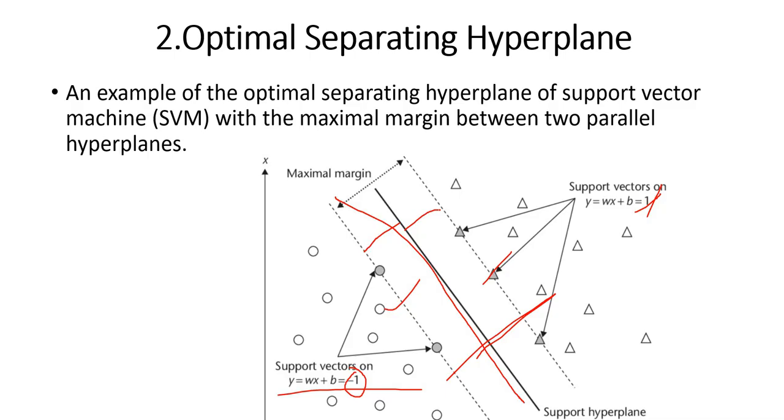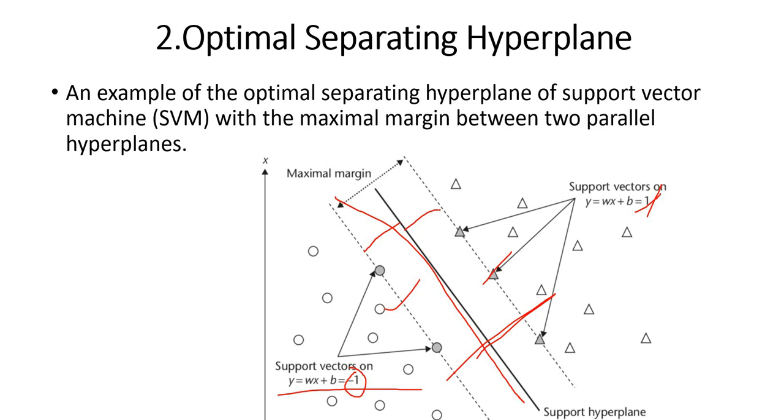Why is this useful? Suppose a new customer enters the system. If the customer's data point falls clearly on one side of the optimal hyperplane, the model can confidently assign the corresponding class. But if the customer is very close to the decision boundary, the classification becomes more difficult.